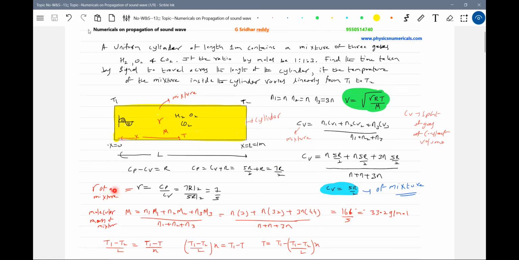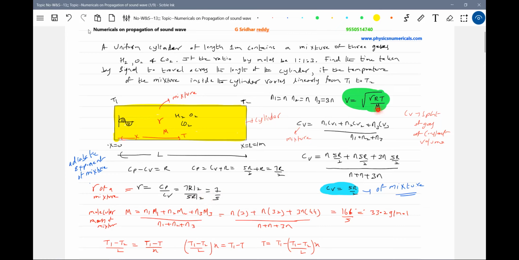Then the adiabatic exponent of the mixture, gamma, is Cp by Cv. Knowing Cp and Cv, I'll get the gamma.